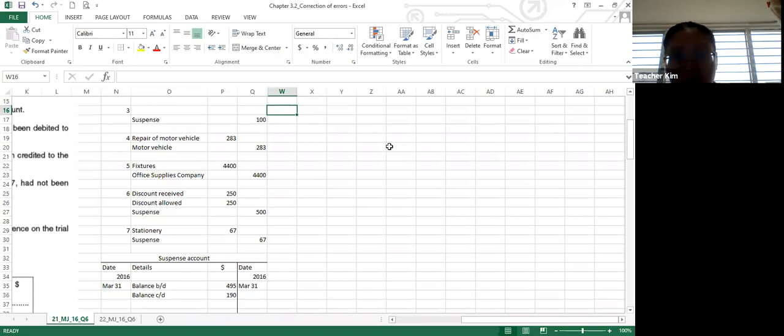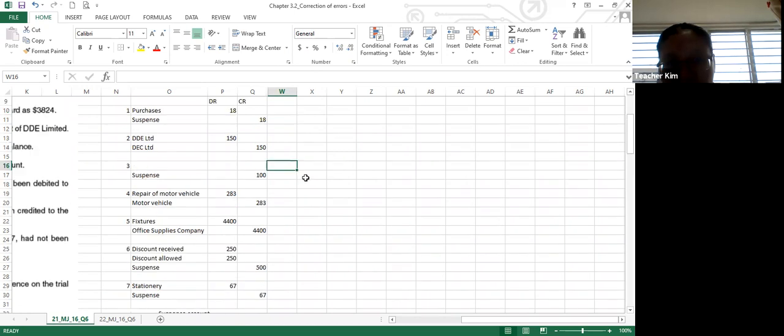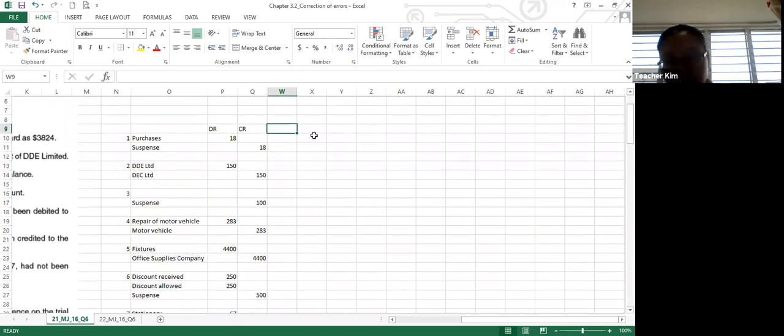We look into the adjustments in here. The account that is related to the income statement will affect the profit.